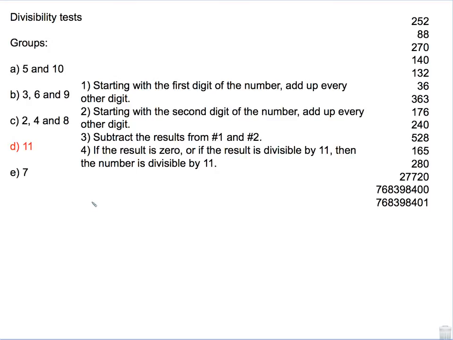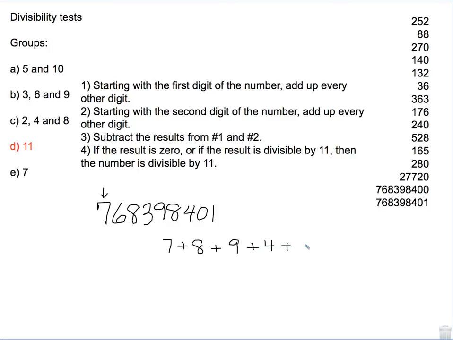And let's take one more number. We'll take 768,398,401. So we'll start with the 7, and we're going to add 7 plus 8 plus 9 plus 4 plus 1.